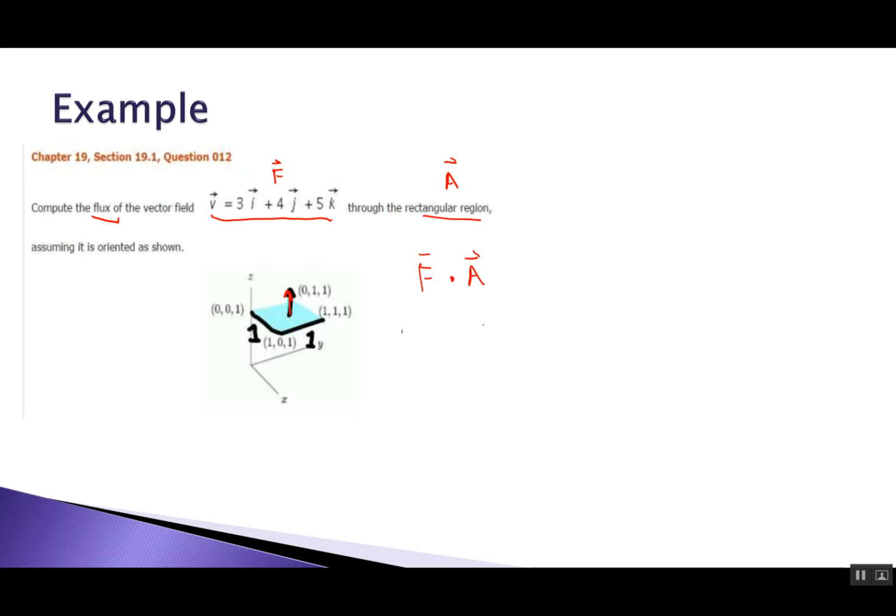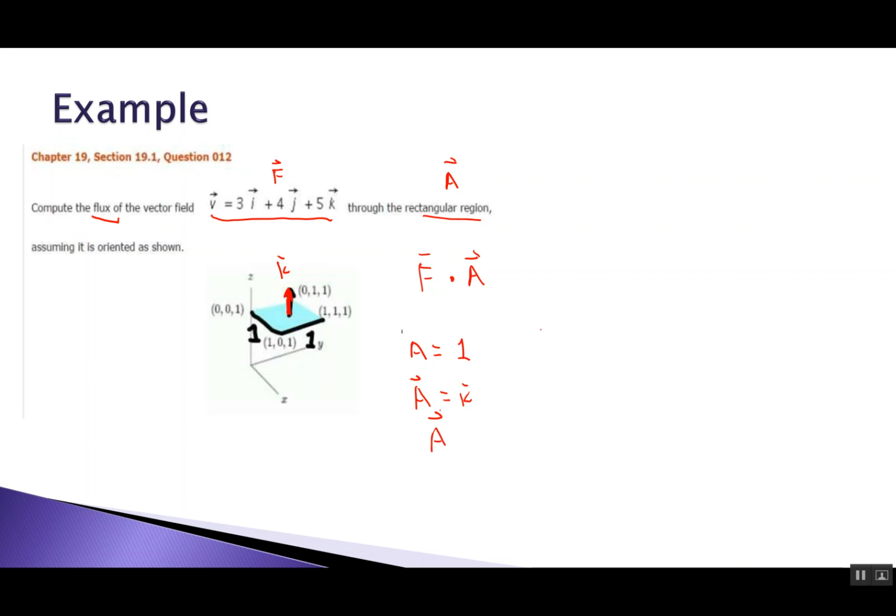So let's calculate A. To find A, I need to first find its area. It's a rectangle, and so length times height equals 1. And to make that a vector, I take a unit vector in this direction. Well, that would be K would be an easy unit vector. In fact, it's the only unit vector in that direction.